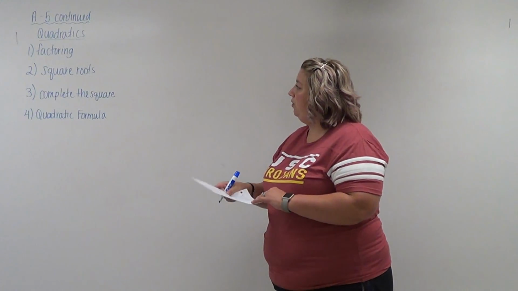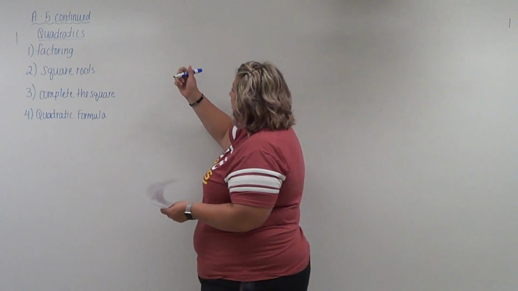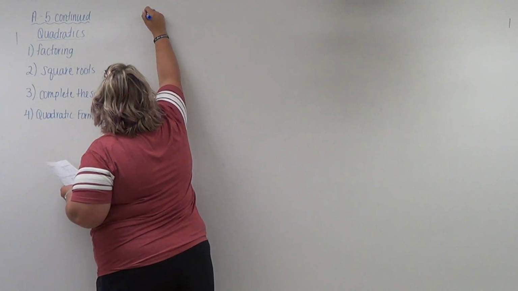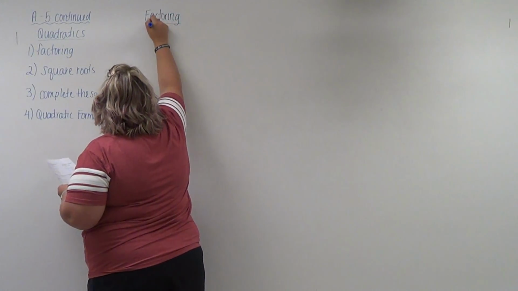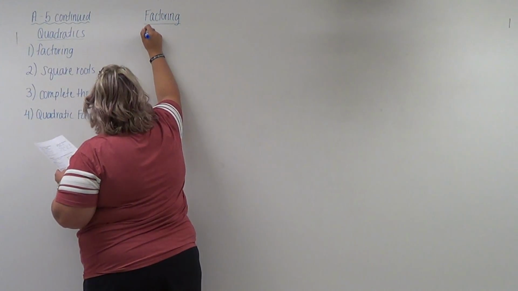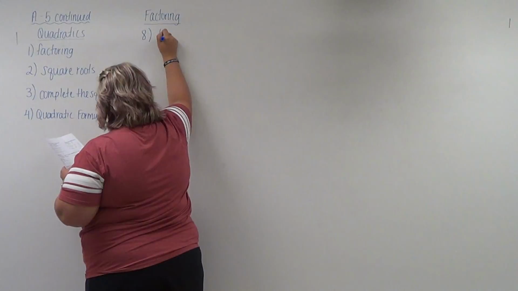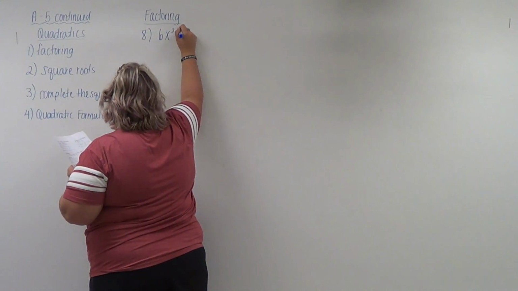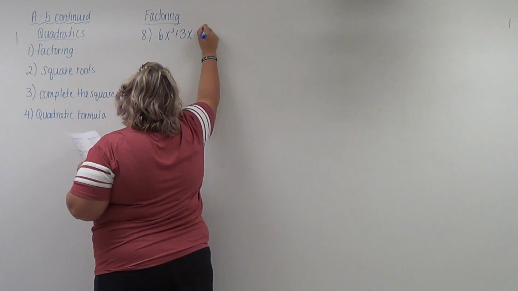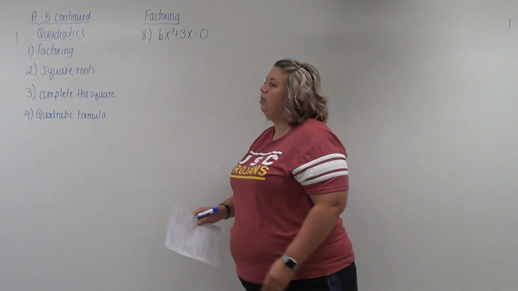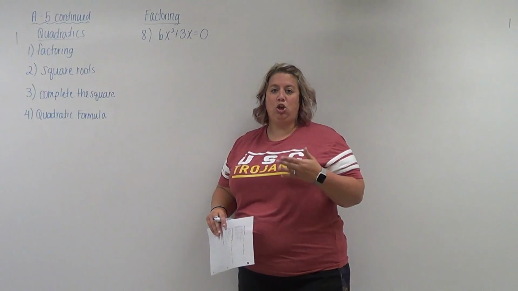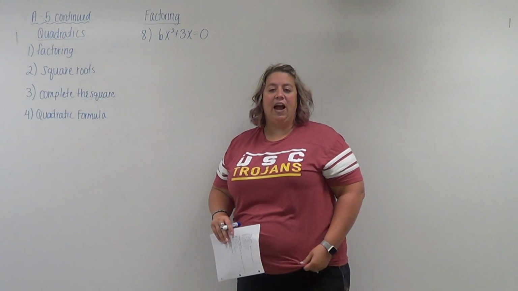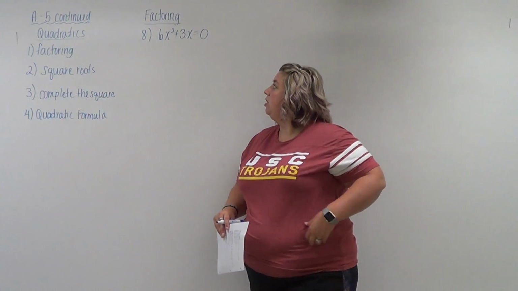Okay? So the first method we're going to talk about is factoring. On these you could see GCFs, difference of squares, trinomials, cubes, grouping, every kind of factoring that you've seen before.